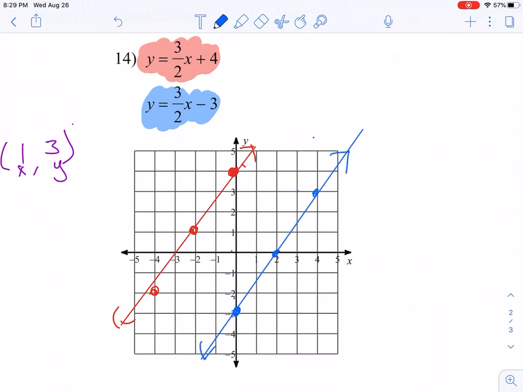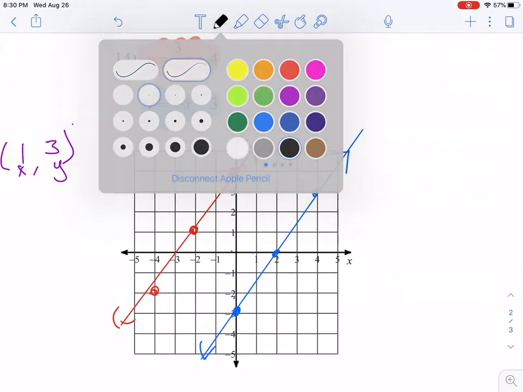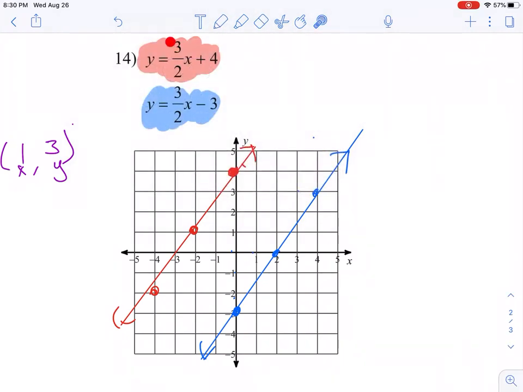Okay, I graphed both lines. I'm going to double check and make sure that my slopes are correct. In this case, they are. When we have the same slope, we will be working with parallel lines. Our b, or our y-intercept, shifts that line up and down.